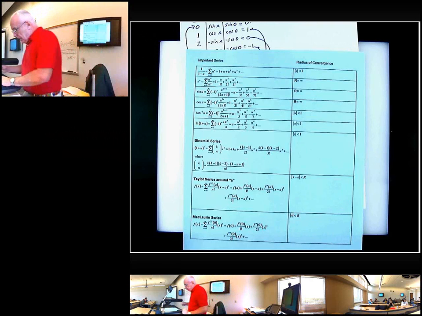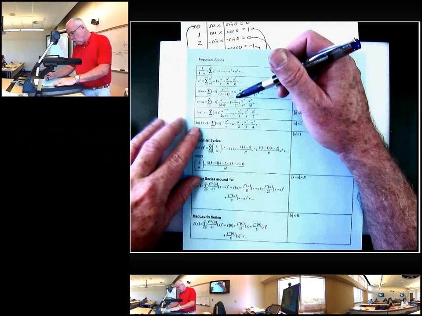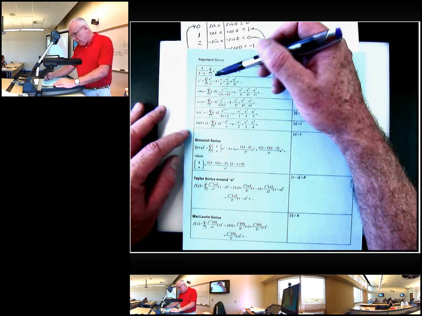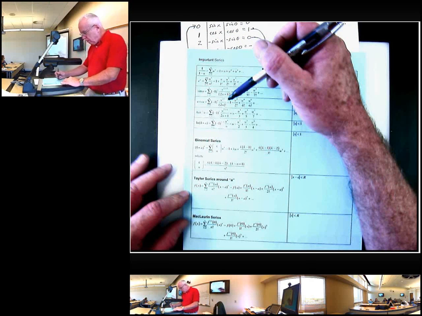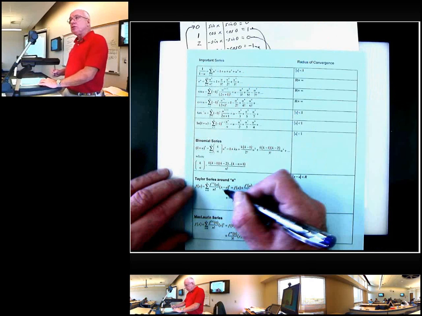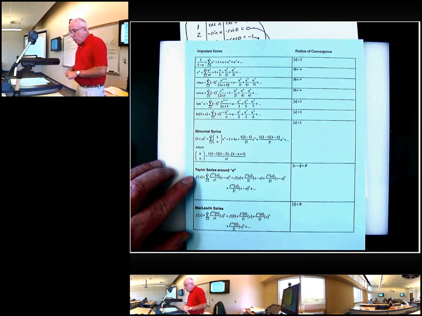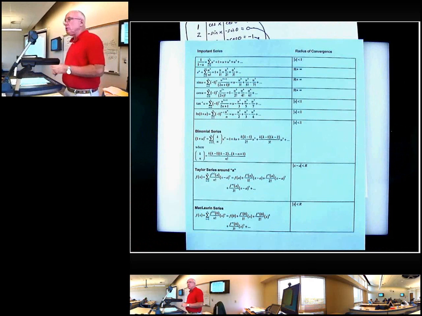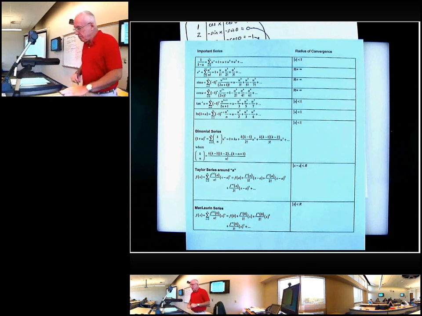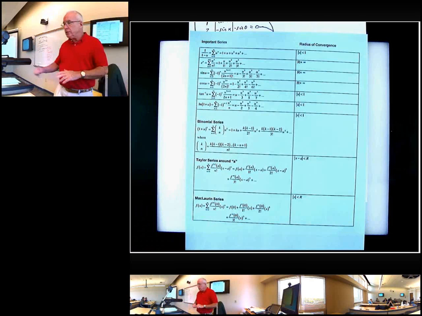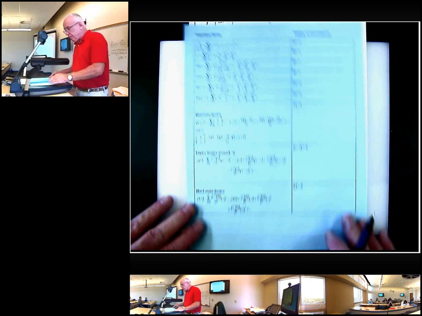If you see here, all the way until we get to the actual Taylor series, which is the second from the bottom, they're all really Maclaurin series because it's all just u to a power. It's not u minus a to a power. But I also give the general Maclaurin series formula as the last one there.